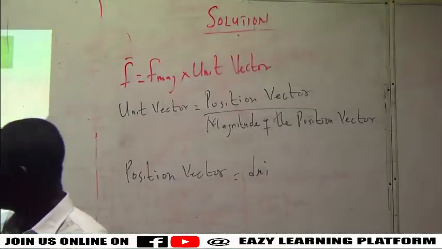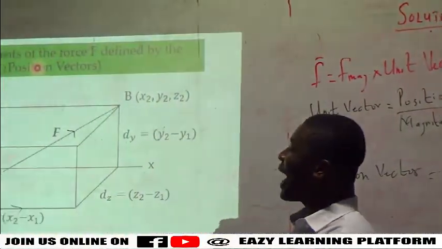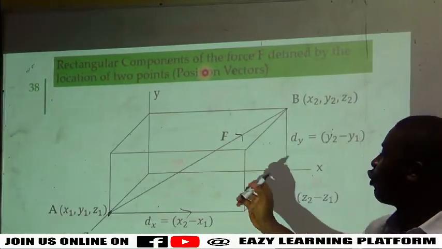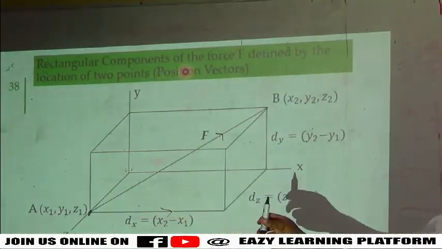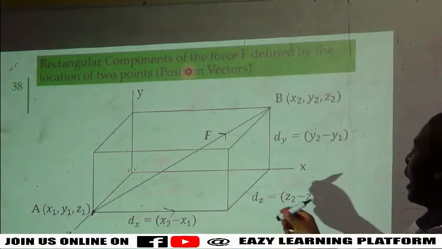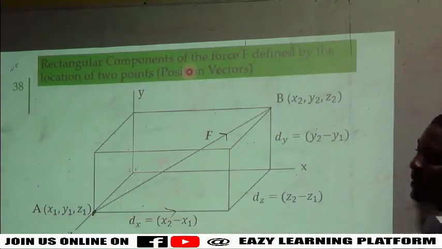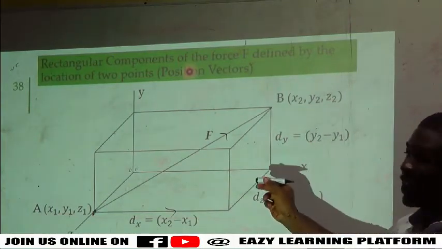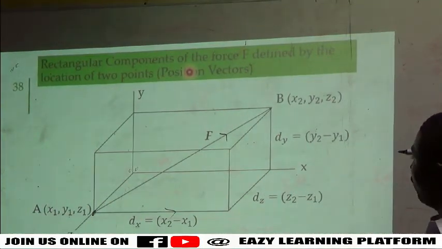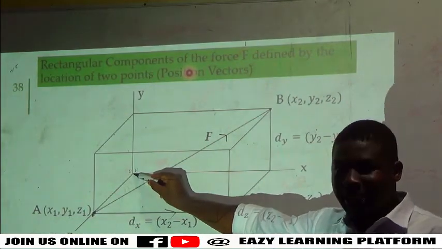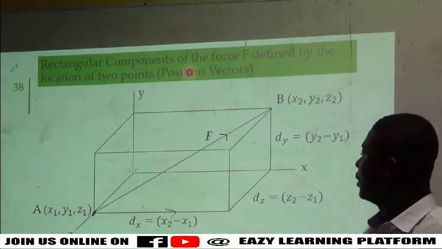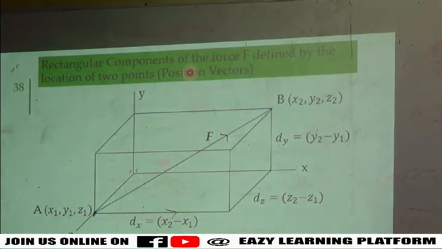It's positive whenever you are moving away from 0, 0. Moving this way along the x-axis is positive. If you move the other way to this point, it becomes negative. So it's positive dxi.